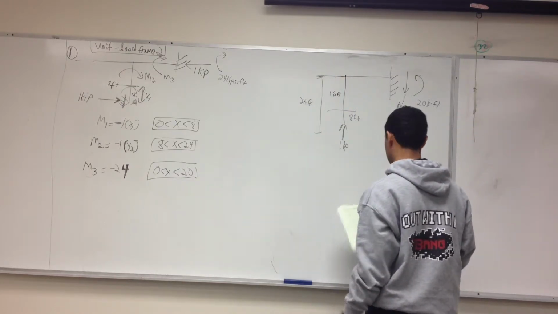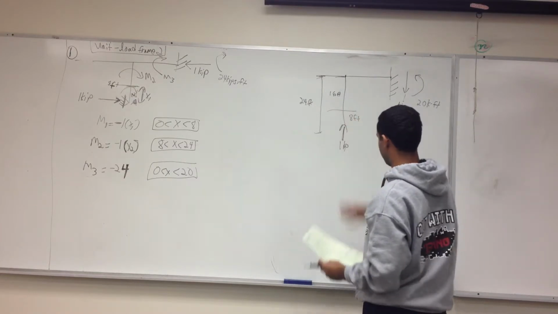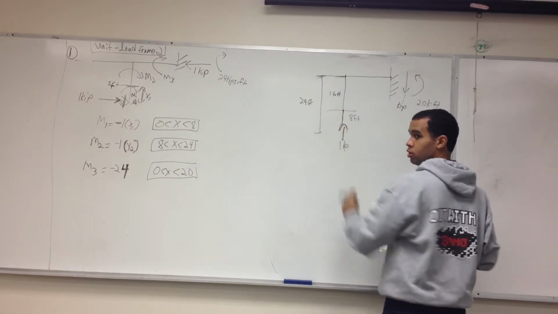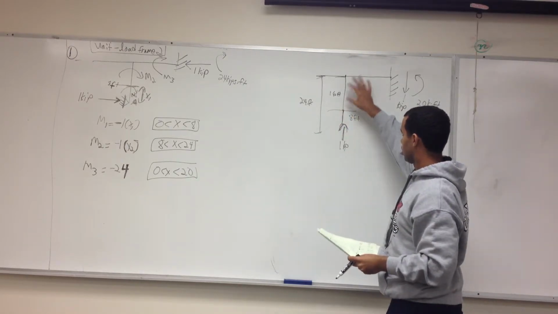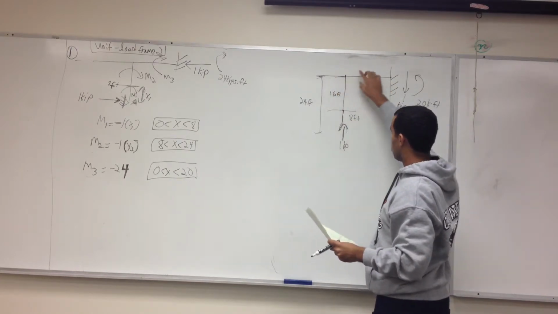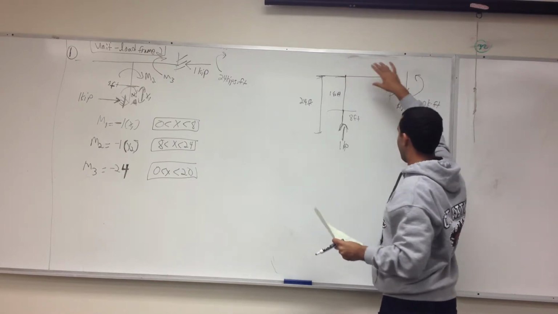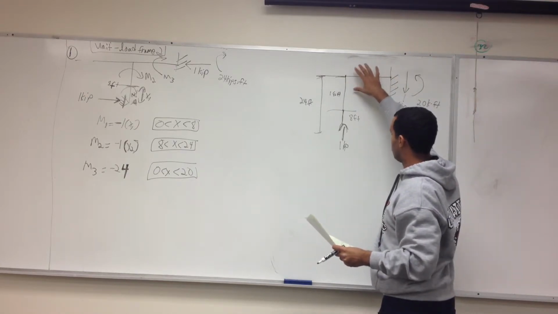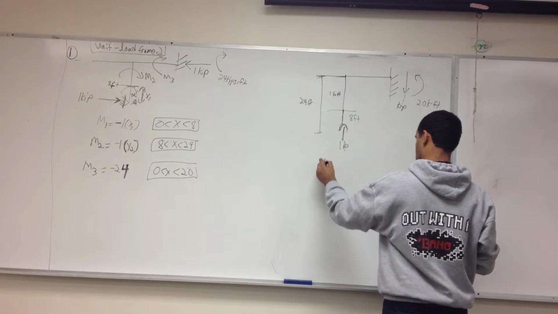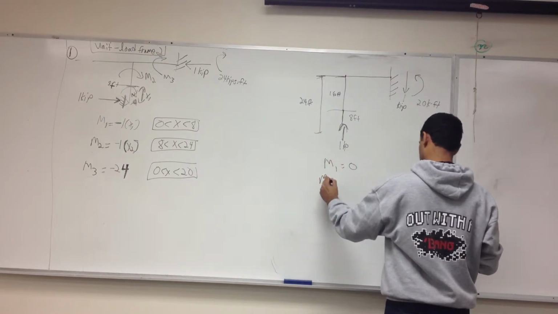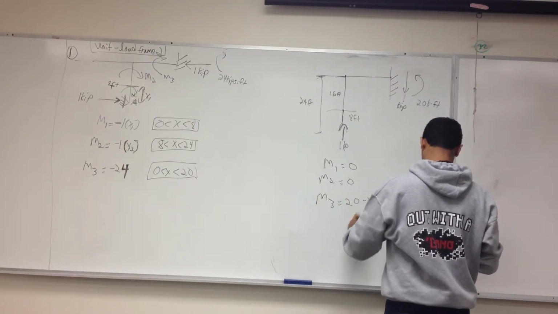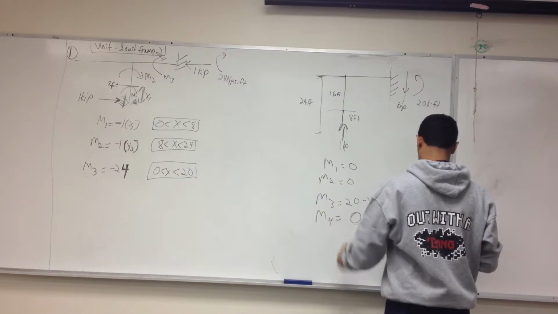So, since we only have this vertical load acting over here, there is no moment being acted over here at M1, at M2, and at M4. We only have the moment work at moment 3, which is in this portion. Okay? So our moment 1 is 0, our moment 2 is 0, our moment 3 is 20 minus x3, and our moment 4 is 0.